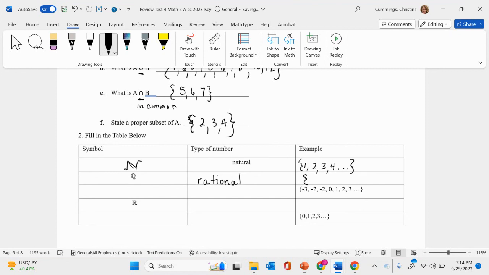So rational numbers would be things like negative 2/3. It could be 0.7. It could be 5/10. It could be 2.1. It could be negative 3.3 repeating. And there's an infinite number of rational numbers.